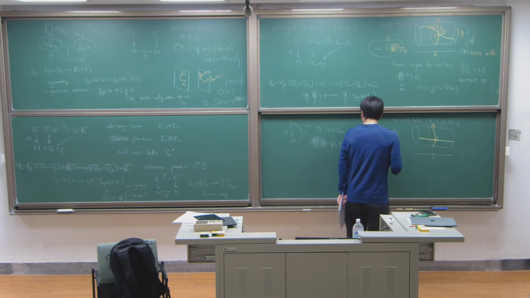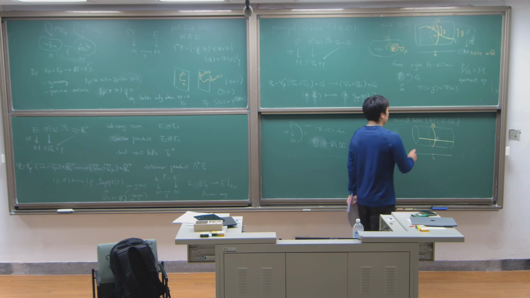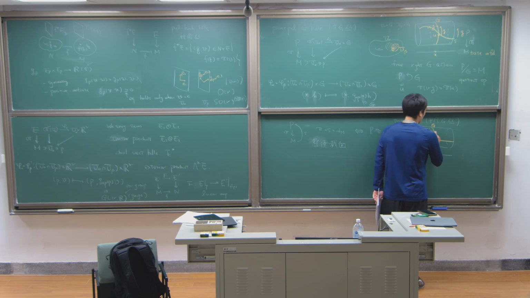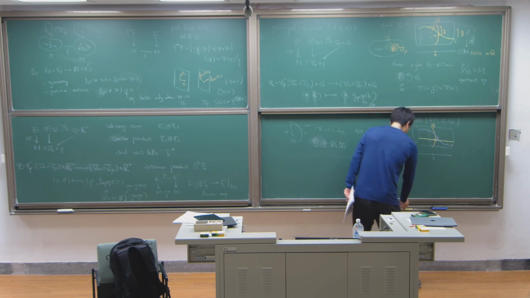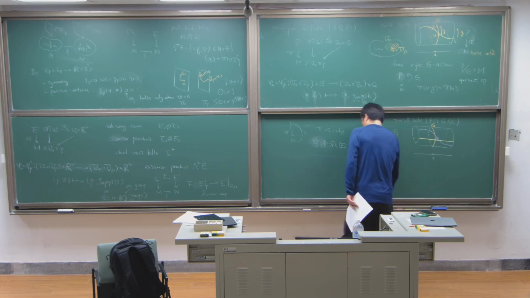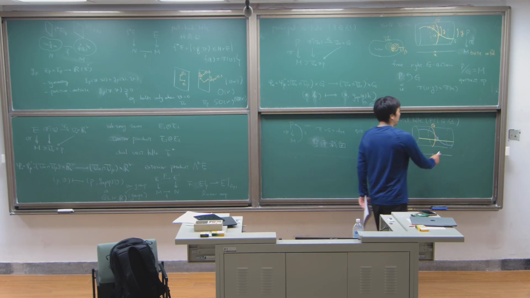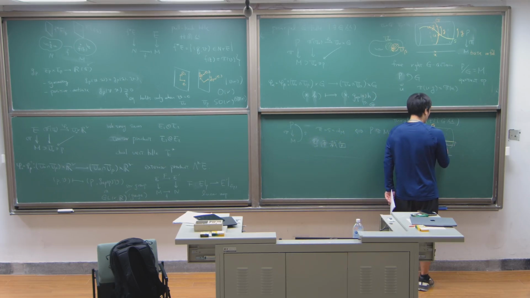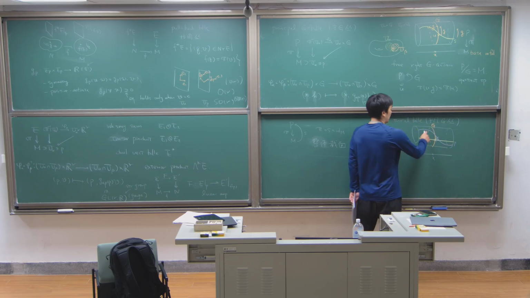And on the other hand, if you have a global section, whatever global section you have, you can always bring back such a point by right G action. By right G action, you can always bring back to the origin, the identity element at each fiber. At each fiber, you can have G action to bring back the identity element.